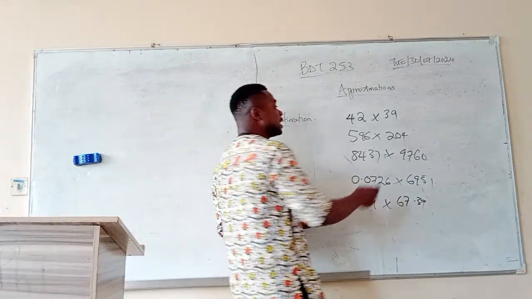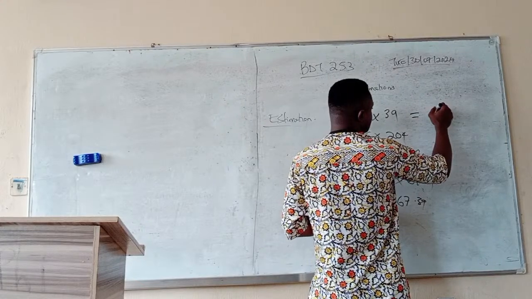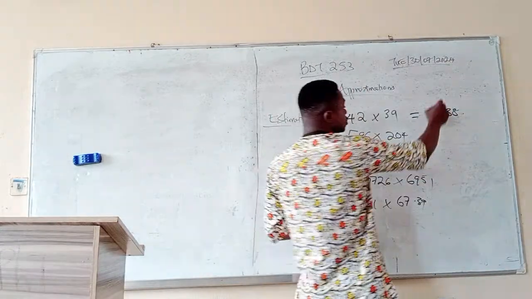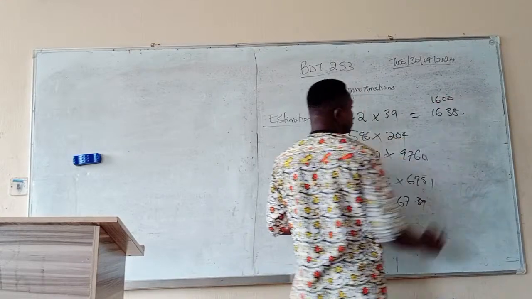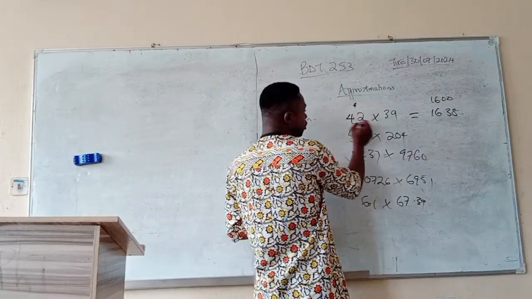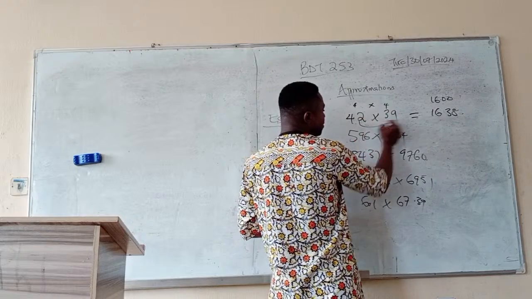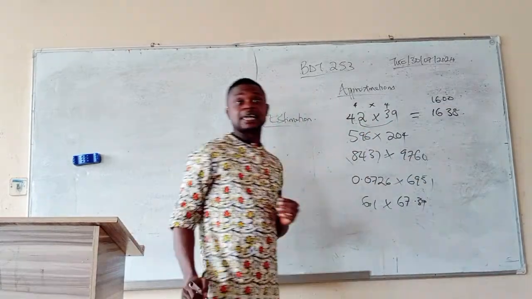So what is the actual value of this? 1,638 is the actual value, but the estimate is what? This is 4, this is 4 times 4, 16. You add the zeros that came out of this, and it becomes 1,600.